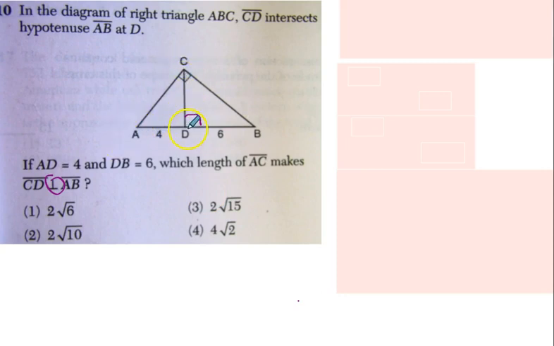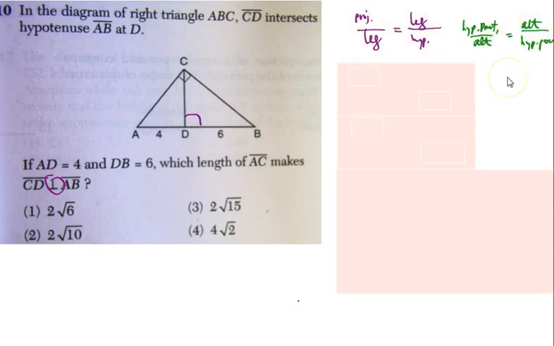Special case because now you have an altitude drawn in it, which automatically in your mind should bring you to two possibilities. They either are checking the rule of leg is a mean proportional between projection and hypotenuse, or altitude CD is mean proportional between hypotenuse part 1 and hypotenuse part 2.